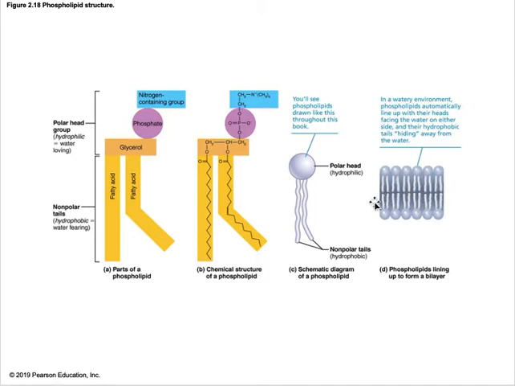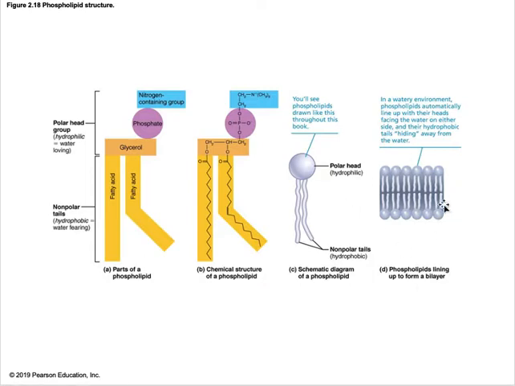You'll notice that all of the nonpolar fatty acid tails are sort of accumulated with each other, and all of the polar heads are either sticking this way or this way, because over here there are fluids that are filled with water, polar, and over here there are fluids that are filled with water, also polar.